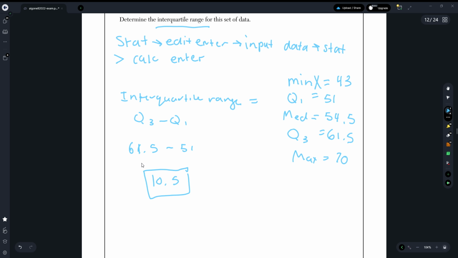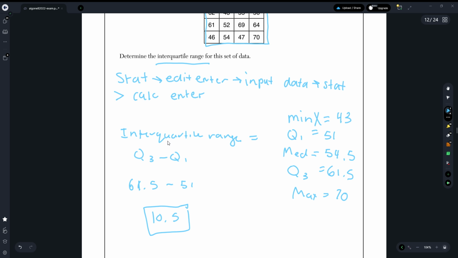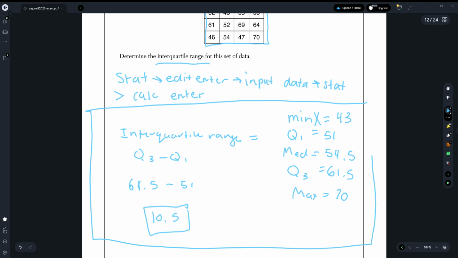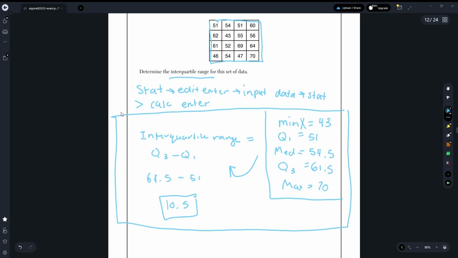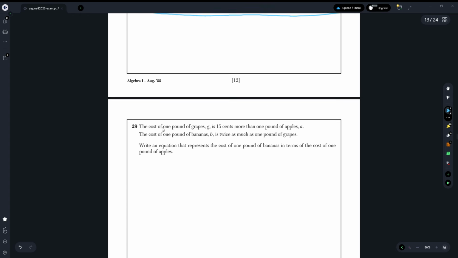Right? And pretty much the only work you need to show here is this. You're going to have to copy down what you got from your calculator, and show the formula and show you subtracting the two values. That's all. Just know how to use your calculator for that problem.